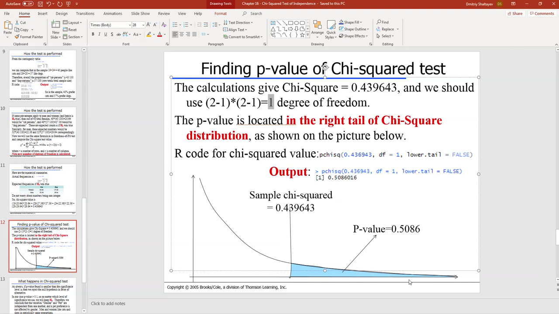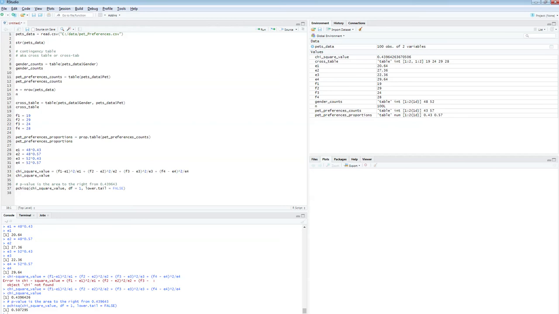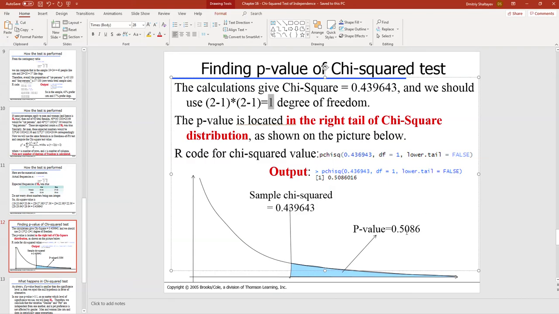This is my chi-squared distribution with 1 degree of freedom. I calculated the chi-squared value from my sample, 0.439643, and the p-value is the area to the right from that. 0.5086. Is that what I was getting? 0.5072. Okay, so my slides are not quite right.